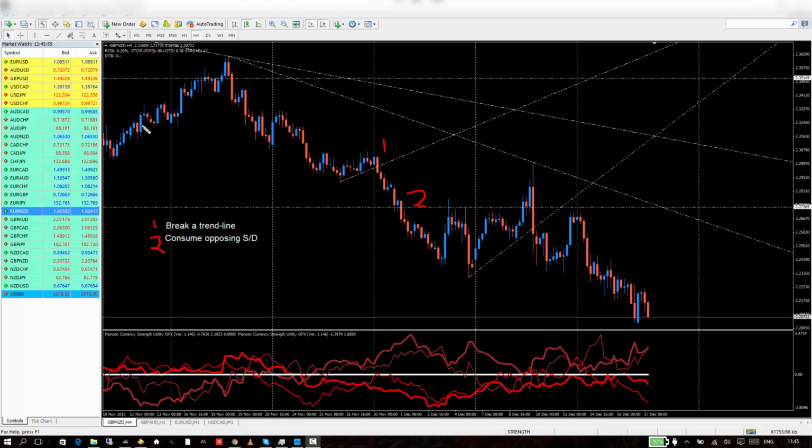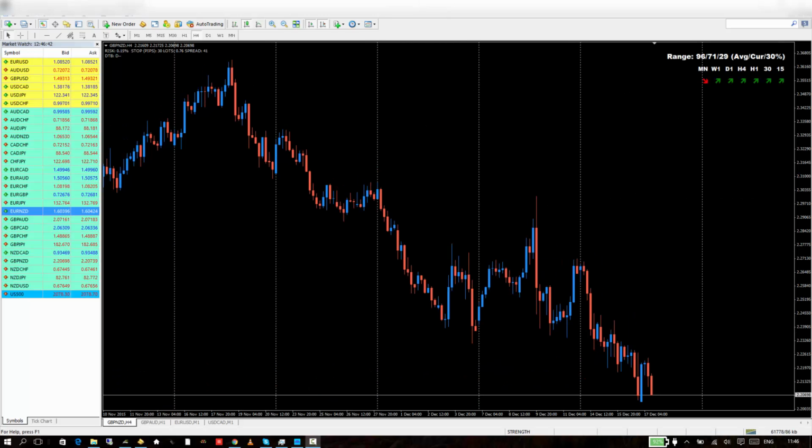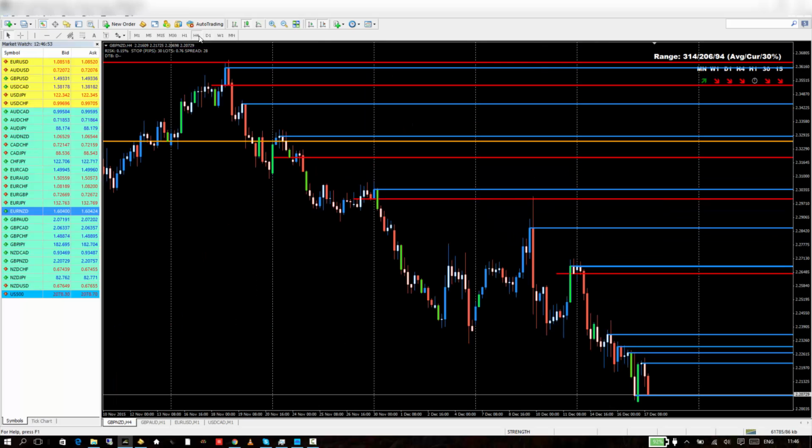Right, if we go to the indicator, now we've done it with a naked chart. So if we remove everything and we apply the indicator now, you can see that there are a bunch of levels being drawn.